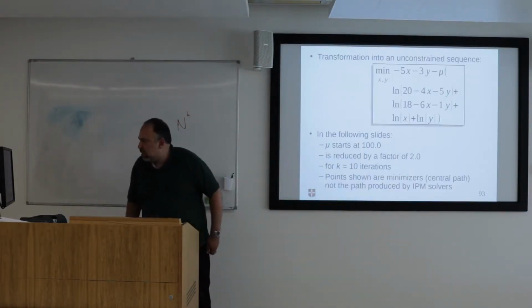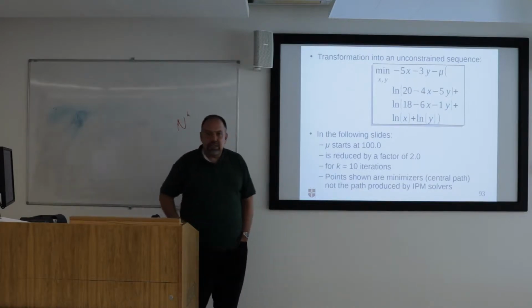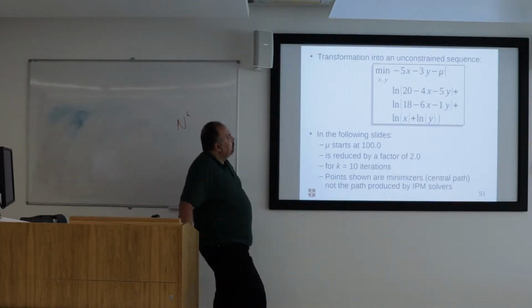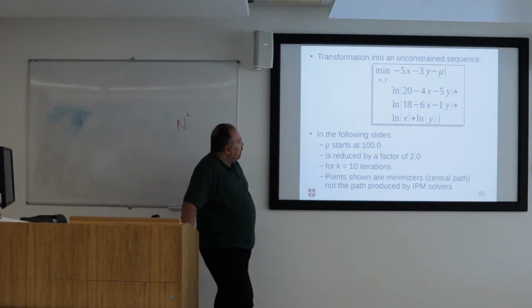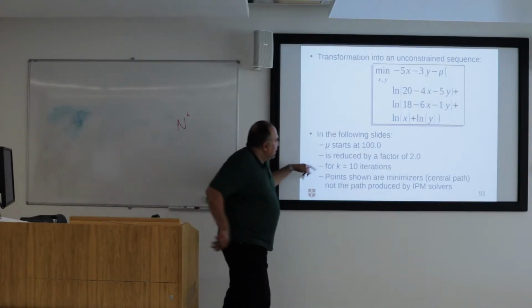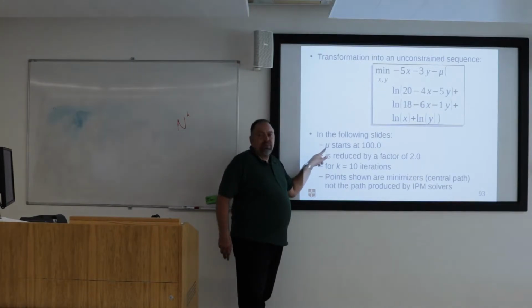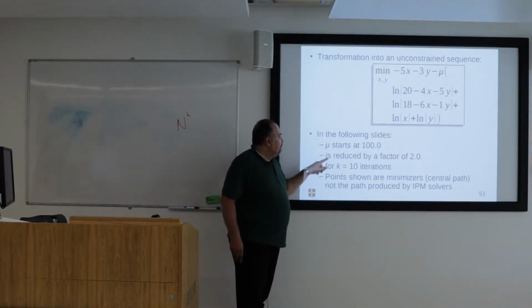So how would we transform this to a barrier problem? You take all the inequalities, including the bounds, and you append them to the objective as was explained before. In the following slides, I start with a mu of 100, reduce it by a factor of 2.